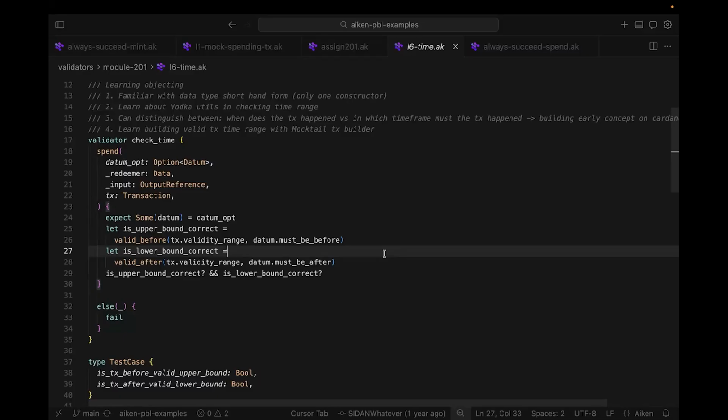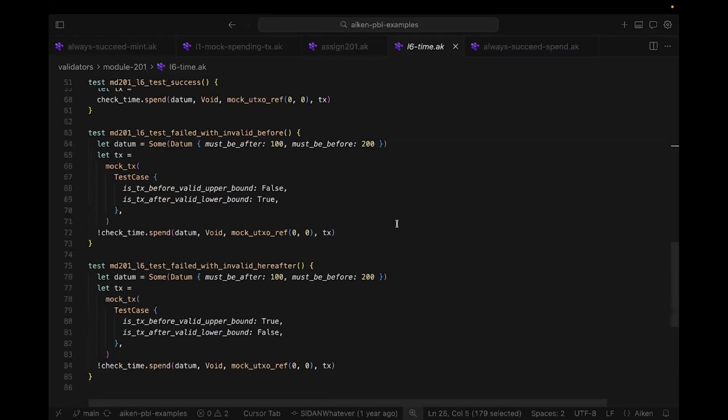They're two different things: the transaction validity range and the datum validity logic. The transaction validity range is coming from the transaction. The datum stuff is coming from the UTXO, which is already on chain.